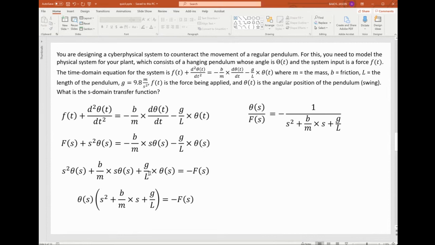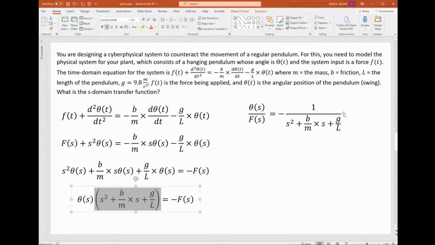I got all the theta s terms on the left, and the only thing left on the right is negative f of s. And then I divided out the theta s. The next part's a little tricky because I have to divide both sides by f of s, and then divide both sides by this polynomial term.